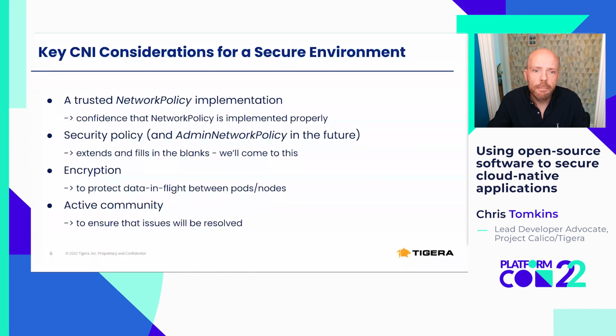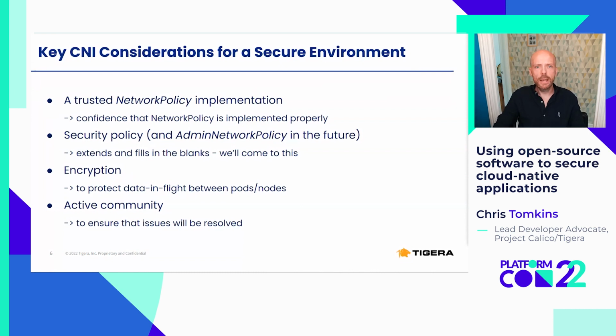Then you might want more advanced functionality which extends and fills in the blanks which are missing from network policy for Kubernetes. Calico calls that security policy, and Kubernetes will have some more advanced functionality coming in the future called admin network policy that you can rest assured Calico will support. Your CNI might implement encryption to protect data in flight between pods and nodes.